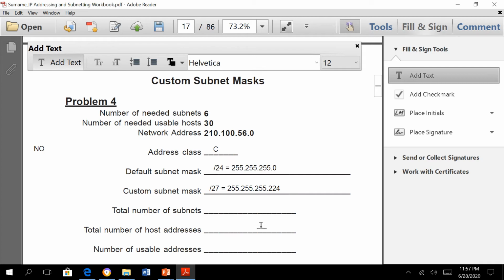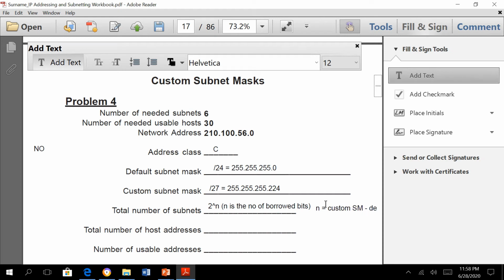The total number of subnets is 2 raised to n, where n is the number of borrowed bits. The borrowed bits are the bits added to the default subnet mask. If you notice, this one is 24 and then it became 27. So how many bits were added? 3, right? Or in finding n, you just subtract the default subnet mask from the custom subnet mask.